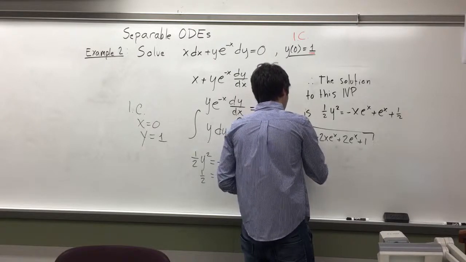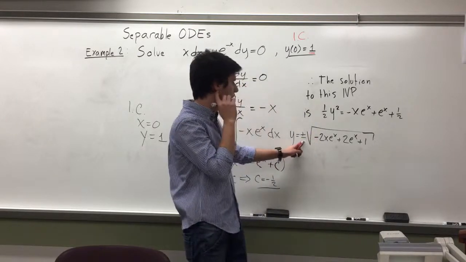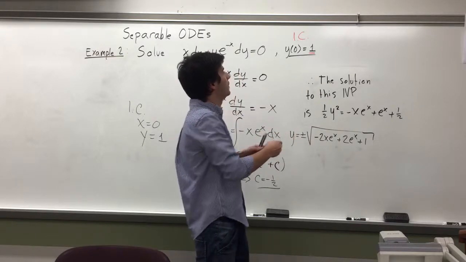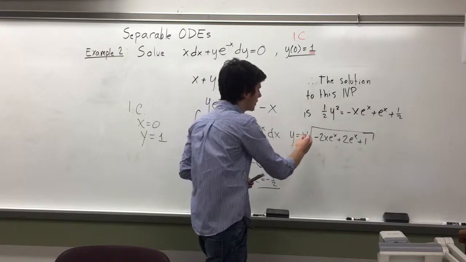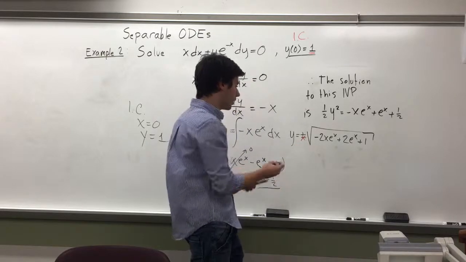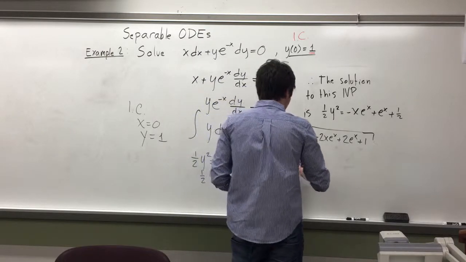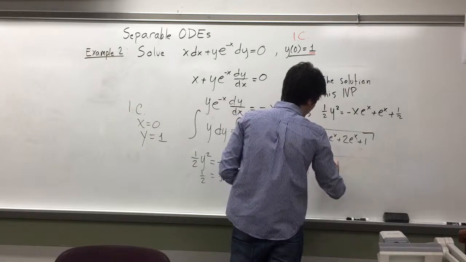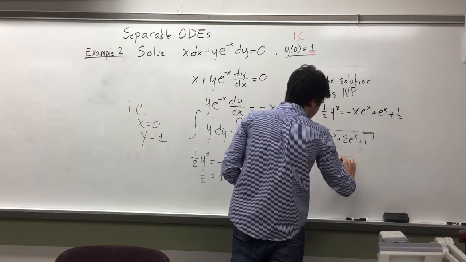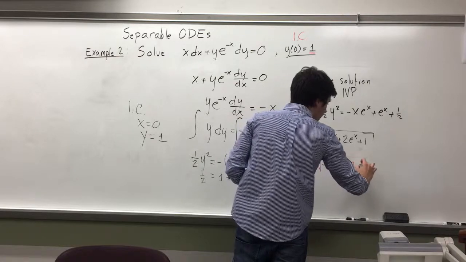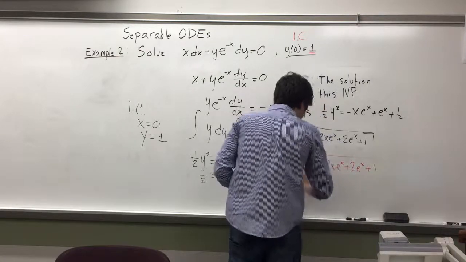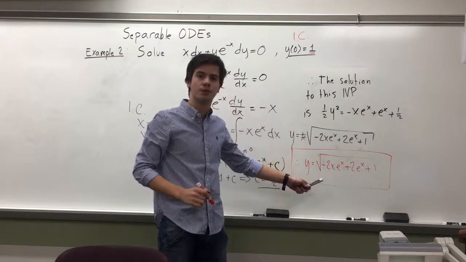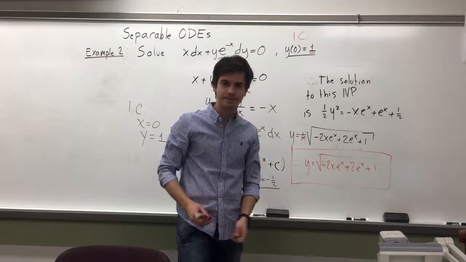So we would usually write plus or minus the square root of that, but since we were given a positive initial condition, then we're just going to get the positive solution. So our answer is in fact the positive square root of negative 2x e to the x plus 2 e to the x plus 1. So this is the solution to our IVP.